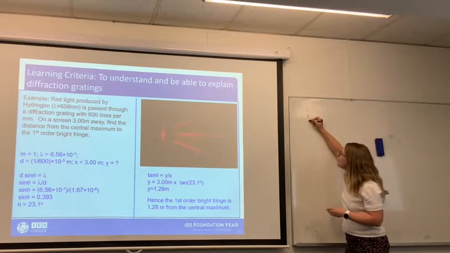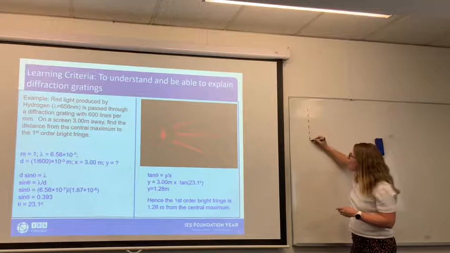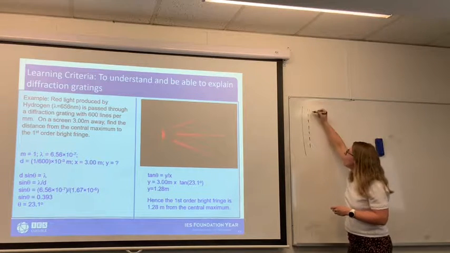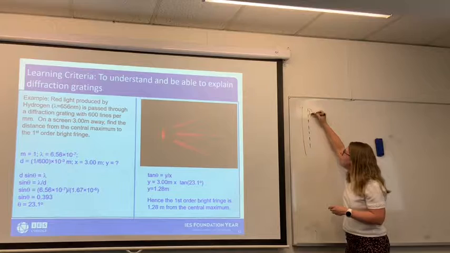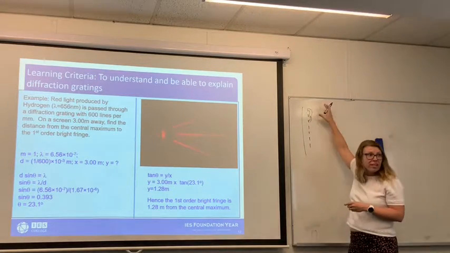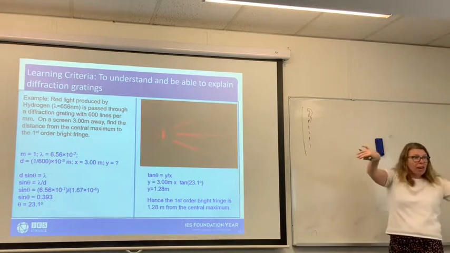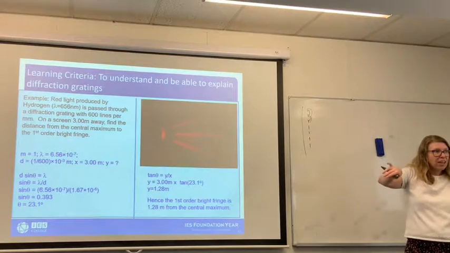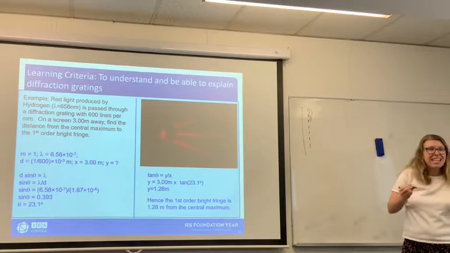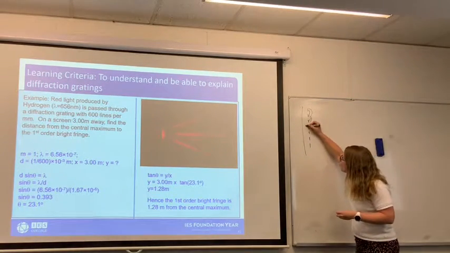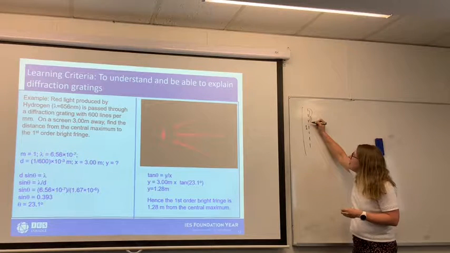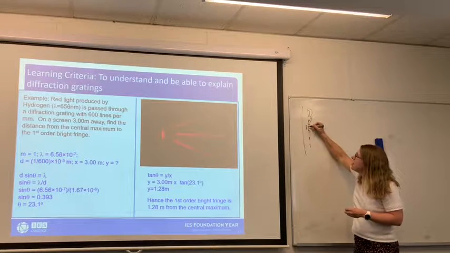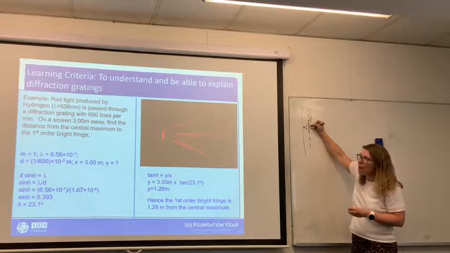I'm trying to make it so you can see. So there'd be, here's the wavefront, 600 points in which it's undergoing diffraction. Okay? When we talk about the D, the distance, it's talking about the distance between the gaps. So this is the distance between the gaps.